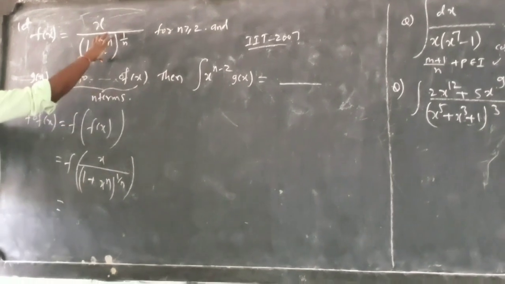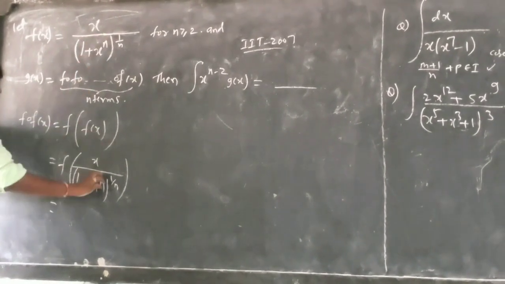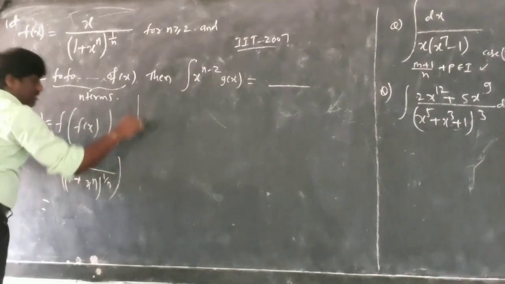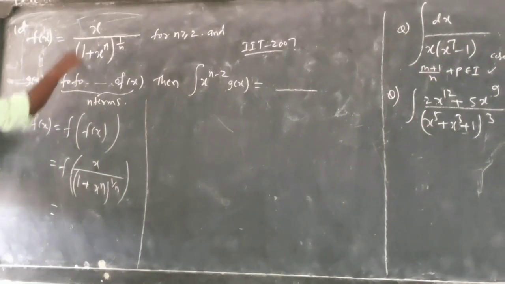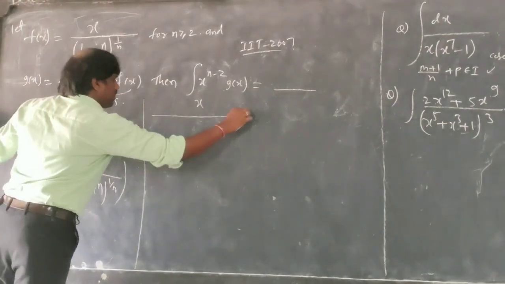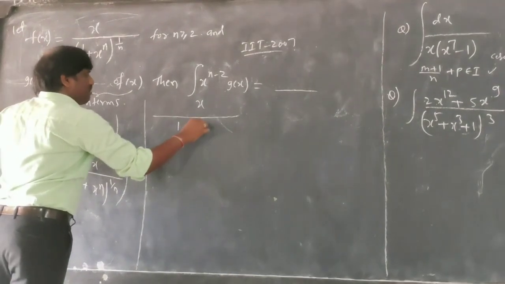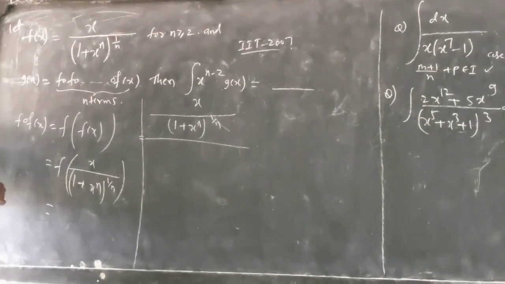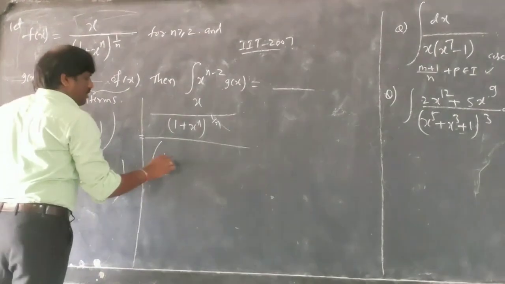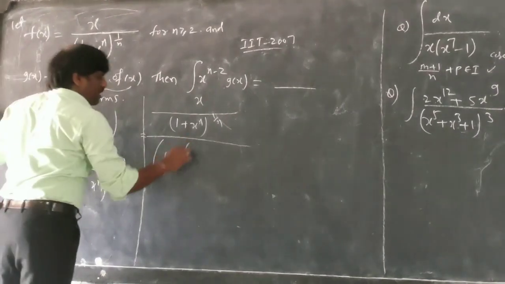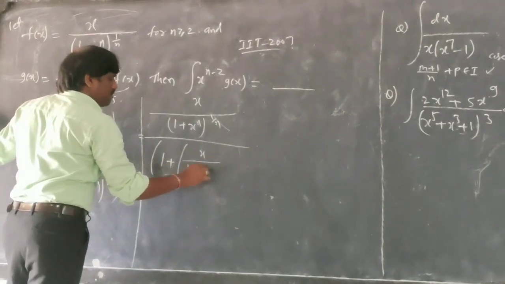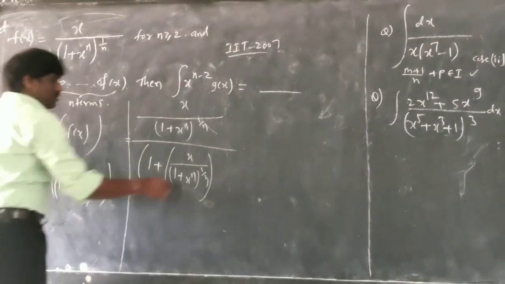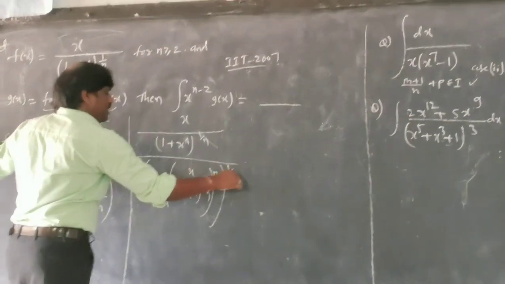So f of f of x, according to this rule, in the place of x I am writing x upon (1 plus x power n) whole power 1 by n, divided by 1 plus, in the place of x I write x upon (1 plus x power n) to the power of 1 by n, to the power of n, in the place of x I am substituting, whole power 1 by n.